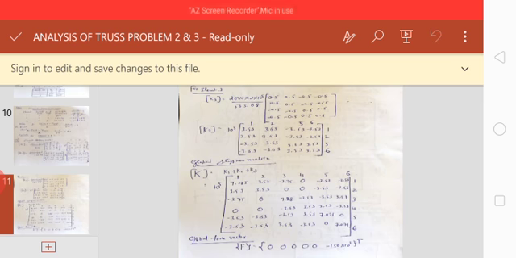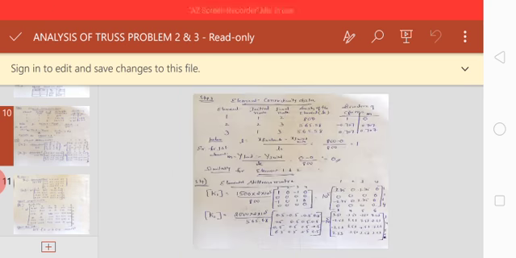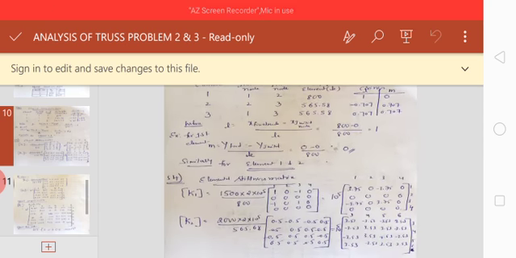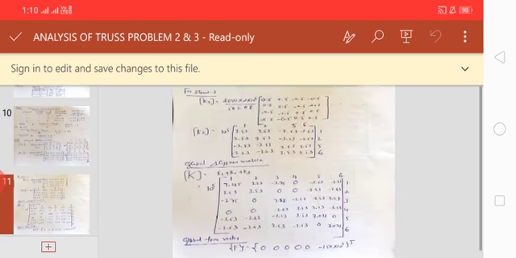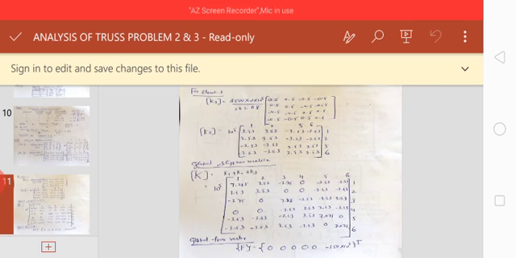Next, 2 cross 1. For the first elemental matrix, 2 cross 1 is 0, and for the third elemental stiffness matrix it is 3.53. Did you get the idea? That is 3.53.